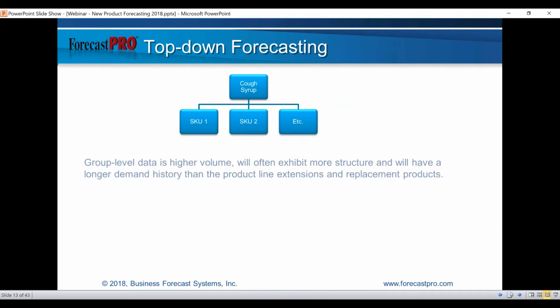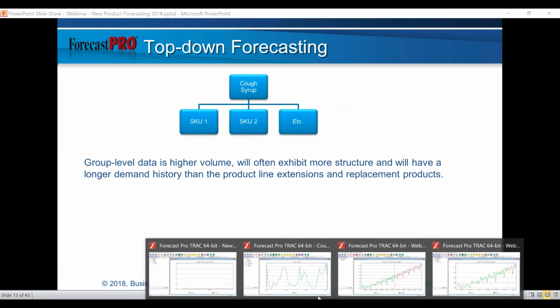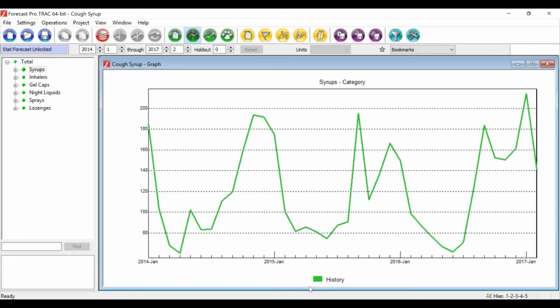So let's jump to an example here. What we're looking at here is cough syrup. So we're leveraging that same example we were just looking at. As an aside, this is actually all real data.